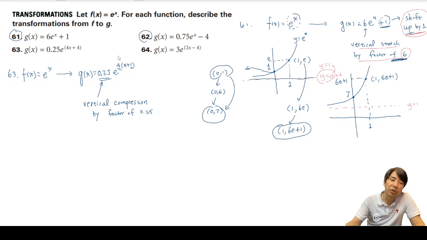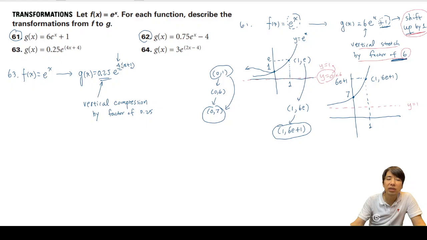How about this number right there? This is 4 times something that includes x with a coefficient of 1. In that case, any number that appears in front of x represents horizontal dilation. But this number in horizontal dilations is the exact opposite of vertical stretch or compression, because I said when this number is greater than 1, that represents vertical stretch, but this is opposite for x.